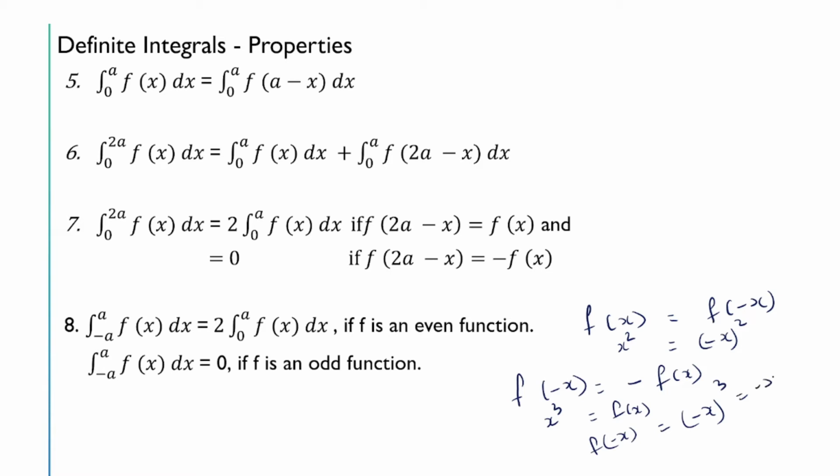It is minus x cube, or it is equal to minus f of x. So in this case, the function x cube is an odd function. In that case, integral minus a to a f of x dx equal to 0 when f is an odd function.